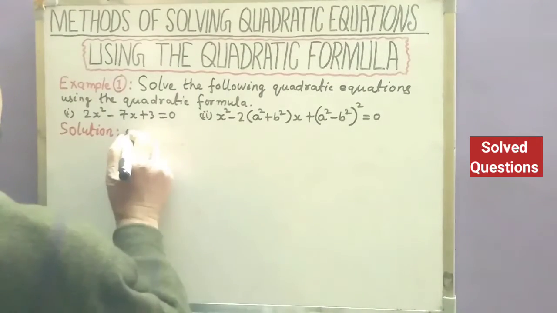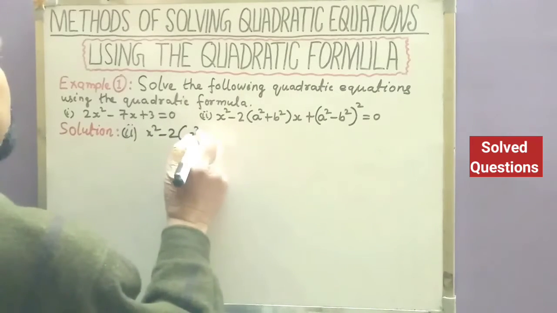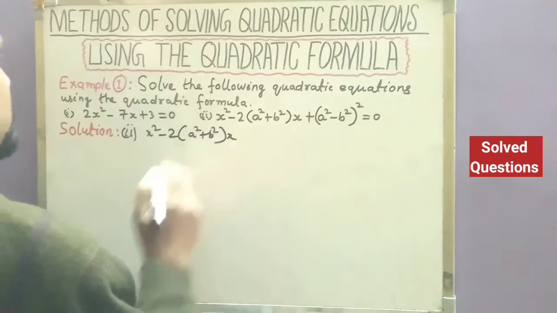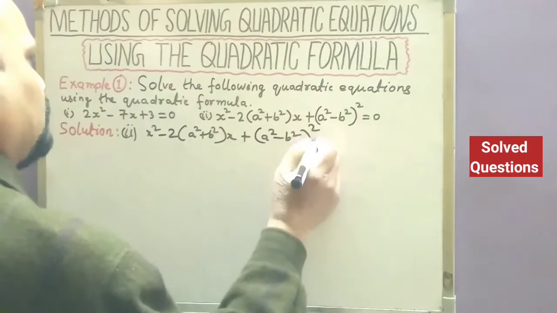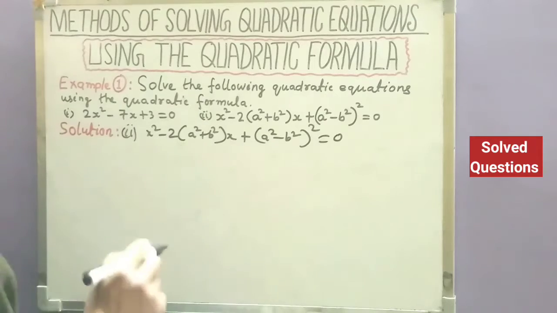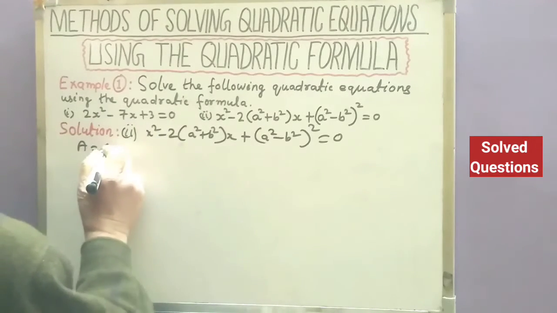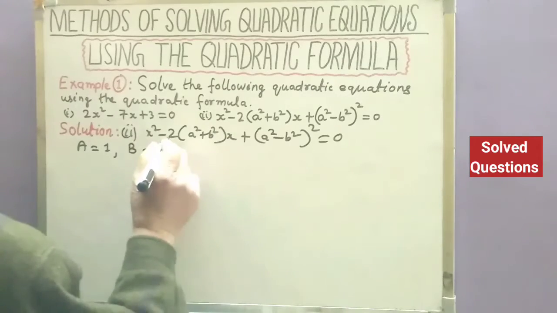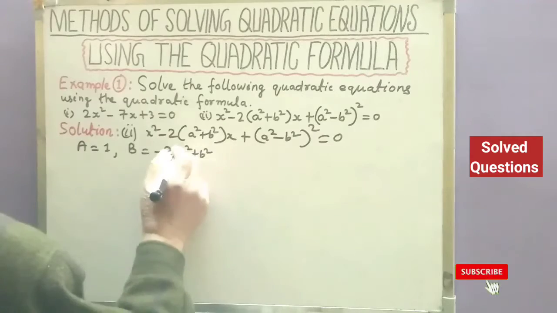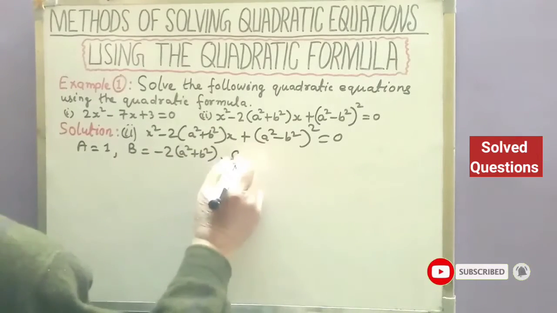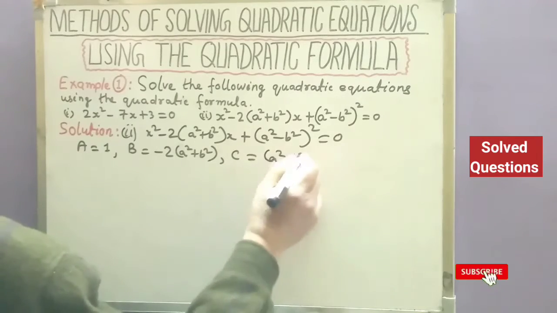Second part, we have x square minus 2 into (a square plus b square) x plus (a square minus b square) whole square equal to 0. Now, comparing it with the standard form of the equation, we get a equal to 1, b equal to minus 2 into (a square plus b square), and c equal to (a square minus b square) whole square.